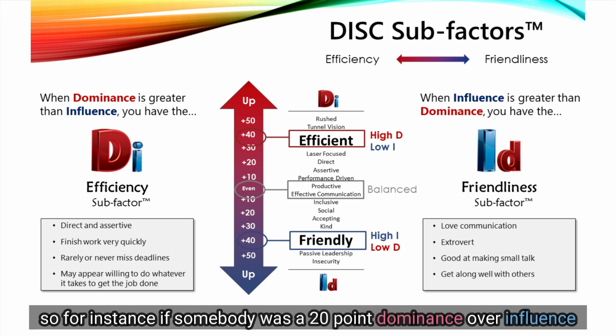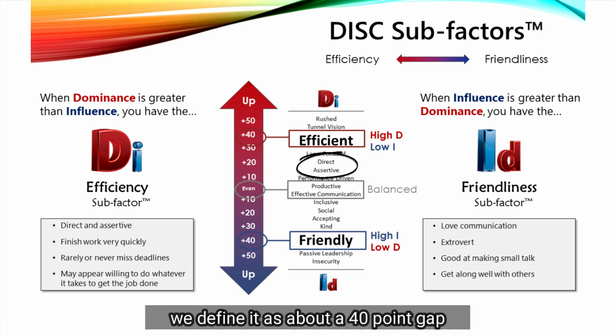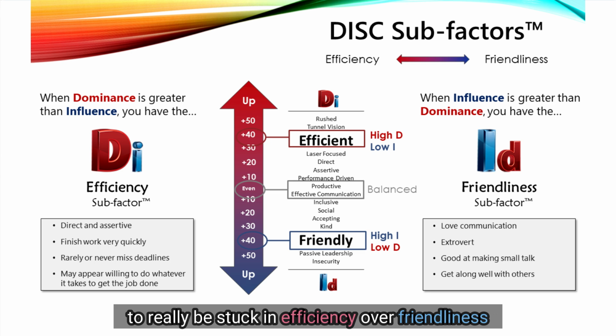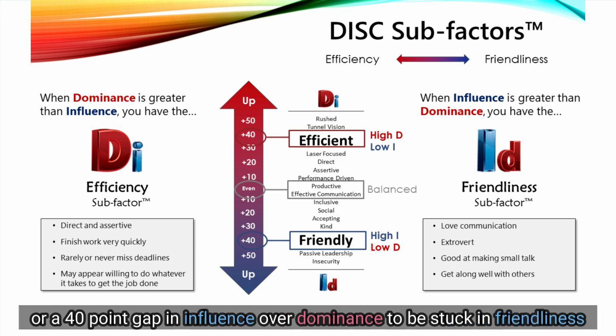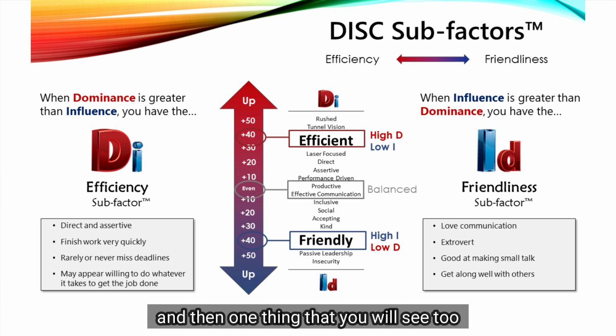So for instance, if somebody was a 20-point dominance over influence, they may be closer to direct and assertive. We define it as about a 40-point gap to really be stuck in efficiency over friendliness, or a 40-point gap in influence over dominance to be stuck in friendliness, where it's harder to flex and become the opposite.